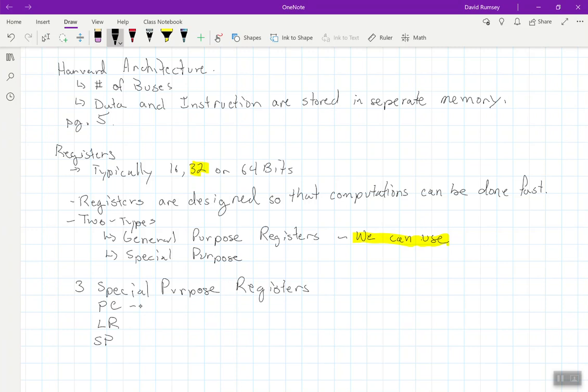The PC stands for the program counter. This register keeps track of and tells where we go for the next part of the program we need to execute.